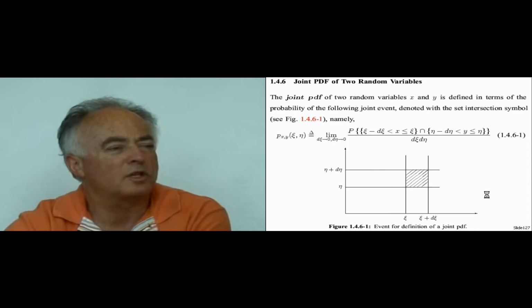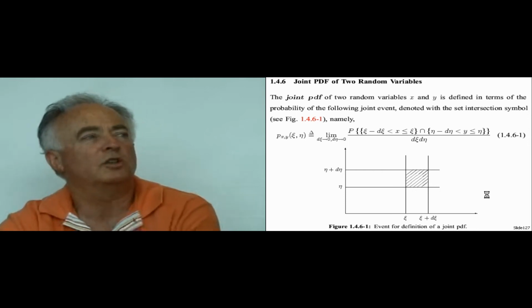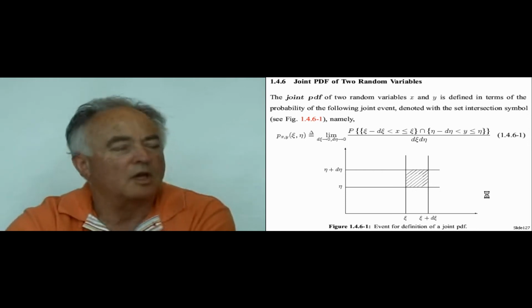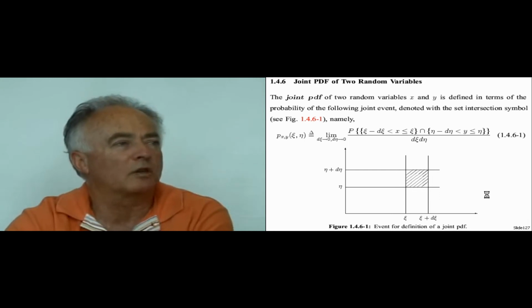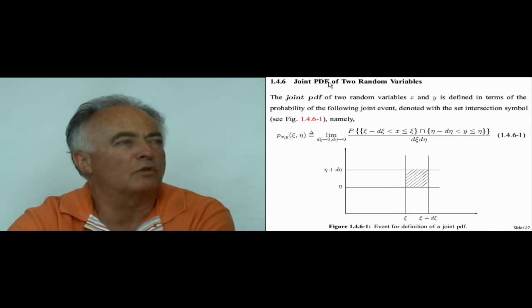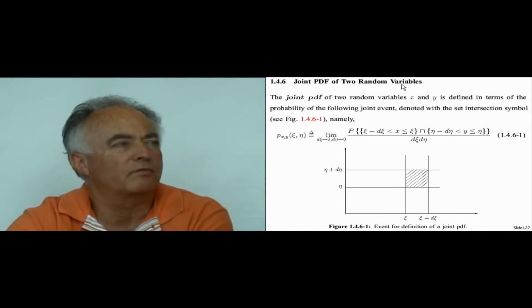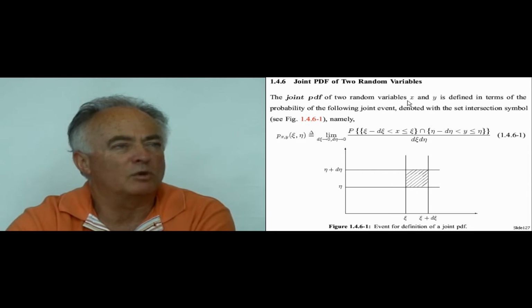Now, what happens if we have two random variables? In this case, we can talk about the joint probability density function of two random variables. This joint PDF of x and y will be defined in terms of the probability of a joint event as follows.